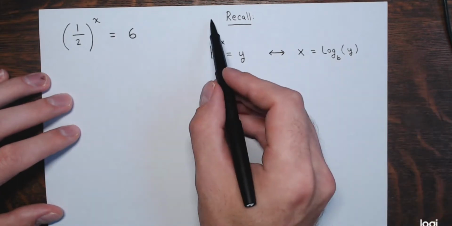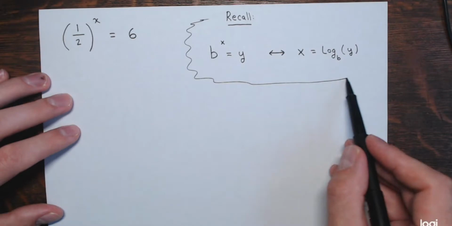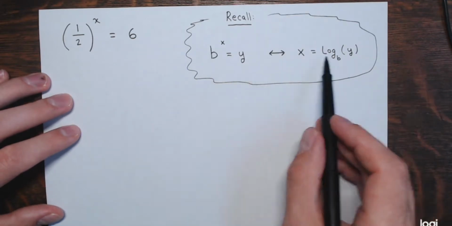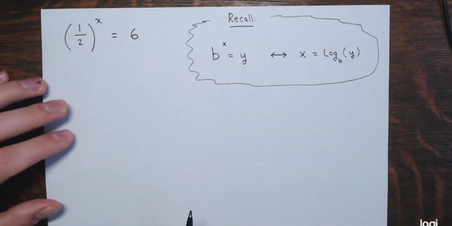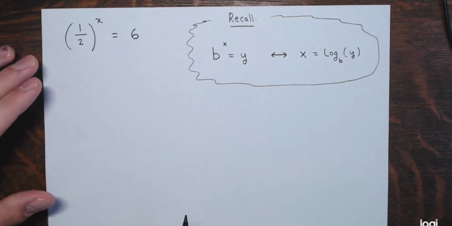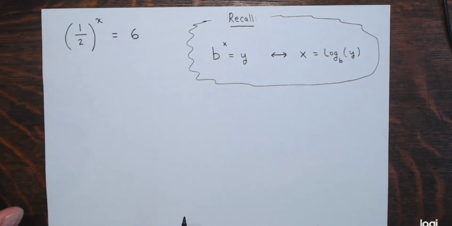So I'm hoping you recall this, the ability to transfer back and forth between exponential and logarithmic form, because that's going to be key to solving these equations we're given.